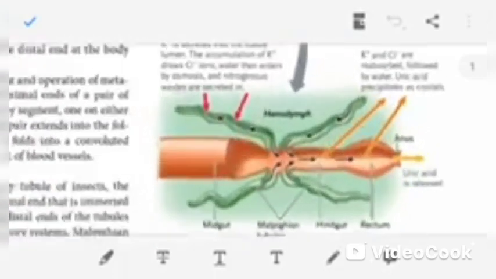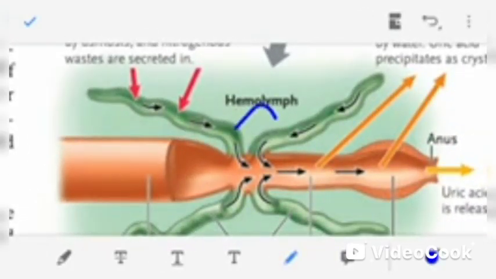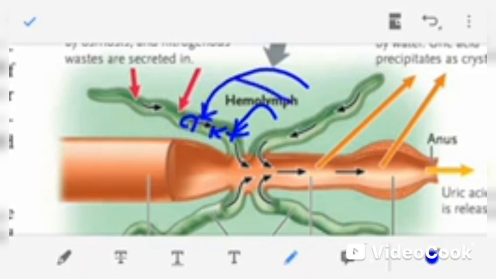So from the hemolymph, what is happening? First, K plus is entering. Then, as the positive charge develops in the Malpighian tubule fluid, Cl minus enters from the hemolymph. Now, as K plus and Cl minus are present, water enters from the hemolymph.